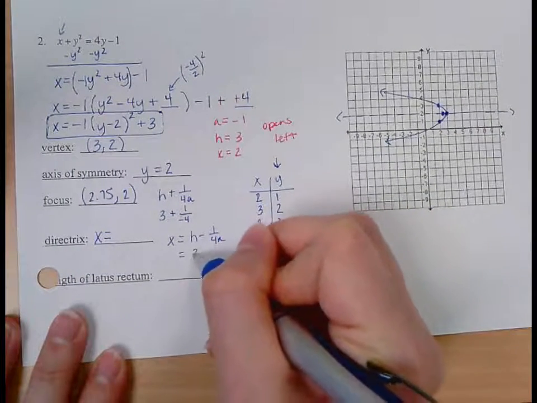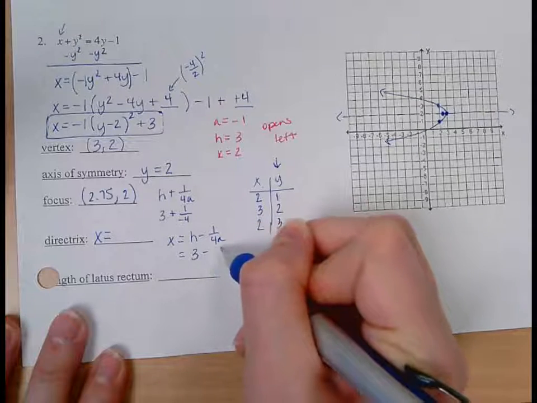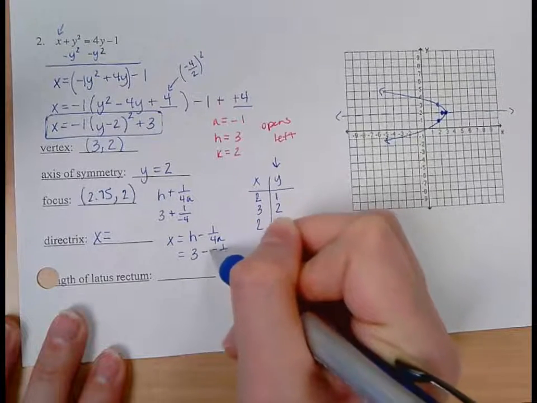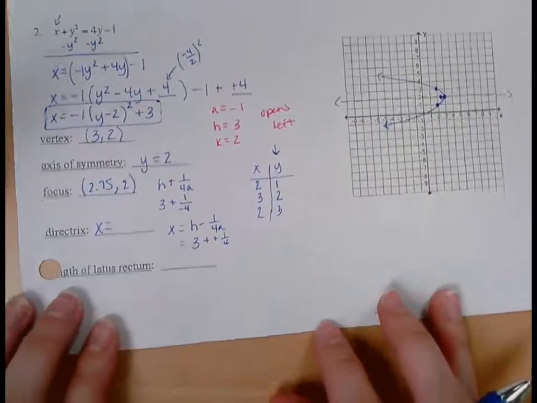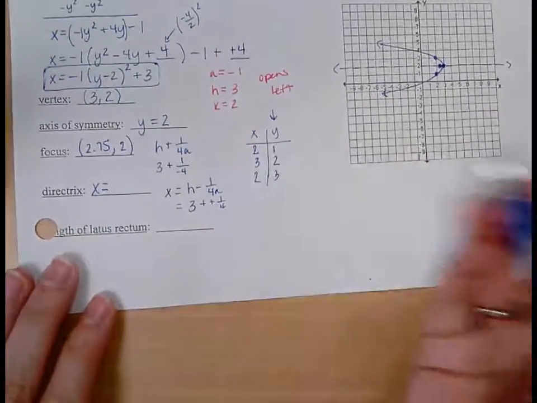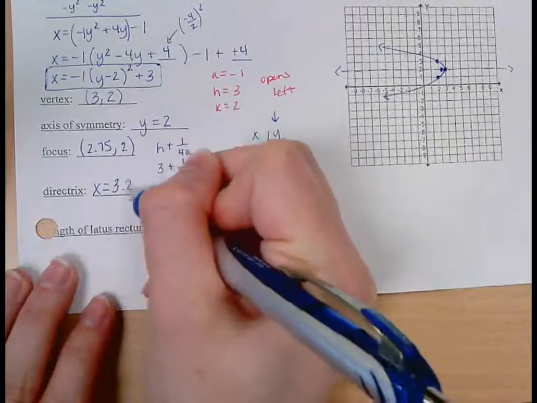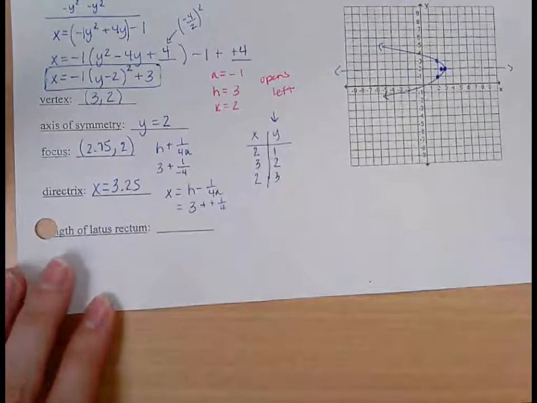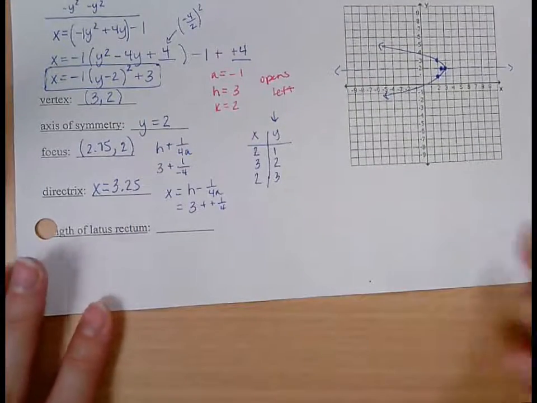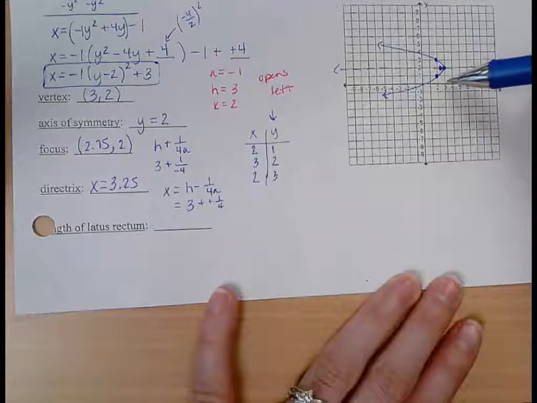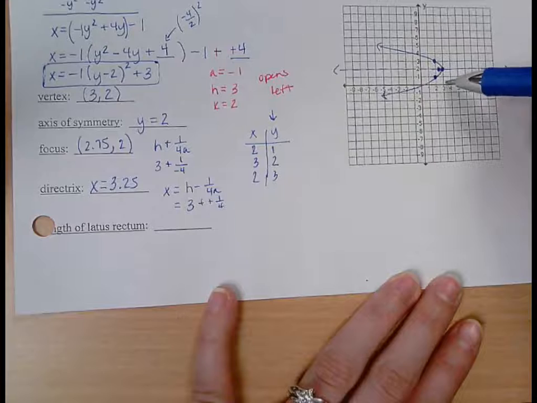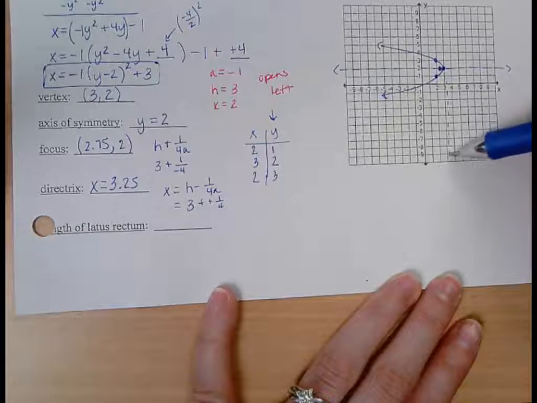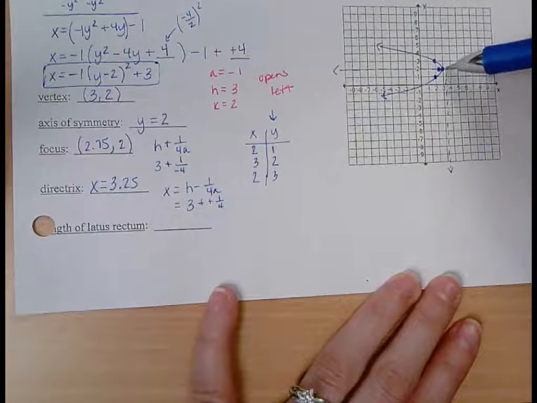So that'll be 3 minus negative 1/4, so really 3 plus 1/4. And 3 plus 0.25 is 3.25, so x equals 3.25 would be the equation of the directrix. If I find 3.25, again, it's really close to your vertex, but it is on the right side, and it is a dashed vertical line.